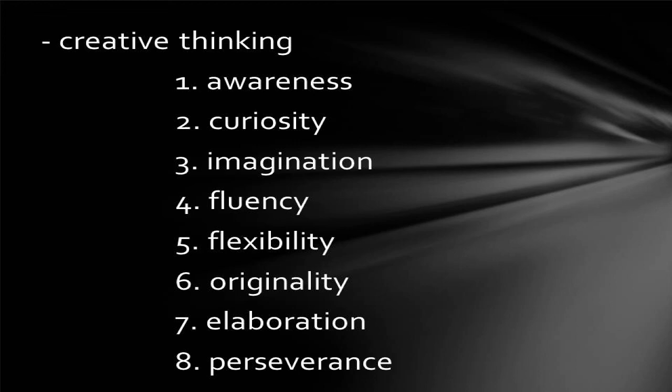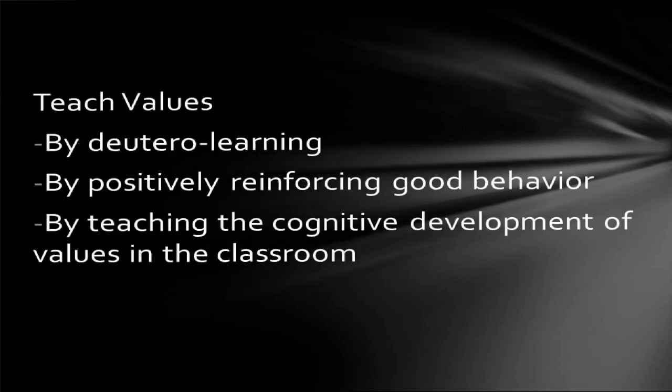Okay, and we mentioned a while ago that there must be a balance of the cognitive skills and the affective element. So, how are we going to do that? If we were able to mention the cognitive aspects, the facts, and then the thinking skills, how? So, it is by teaching values.